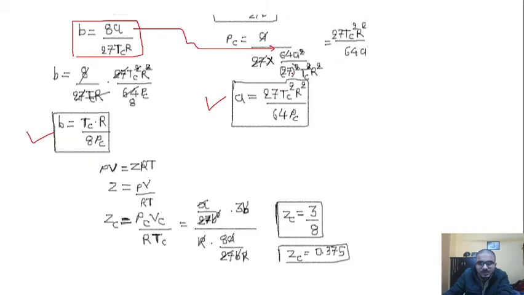So the same thing can be seen here. So we obtained the value of a here, and then the same value of a is returned over here.